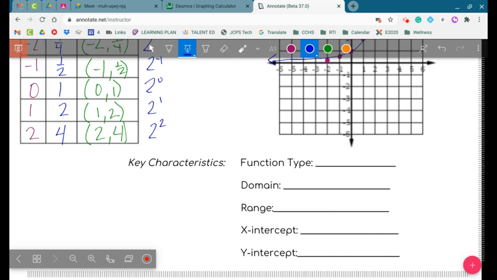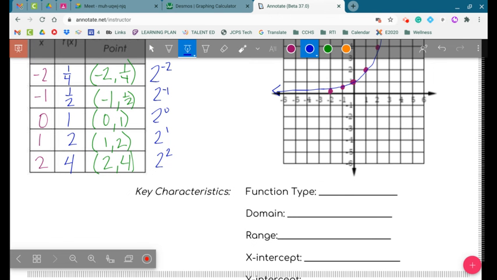So hopefully you guys remember, since it's that curve shape, it's going to be exponential. Our domain, because it's going in both directions on my x-axis all the time, is all real numbers. Your range is going to be greater than 0 because it never hits 0 on the y.